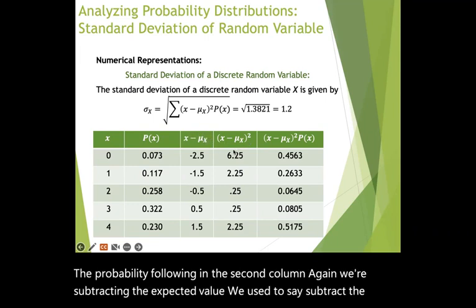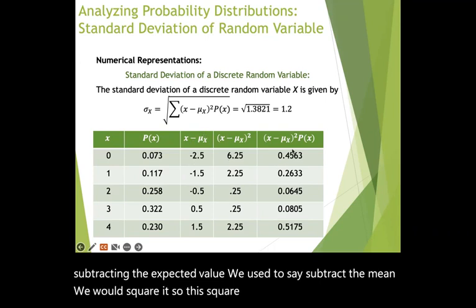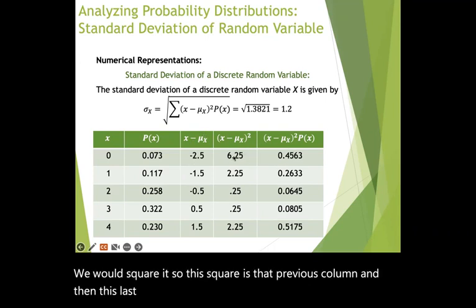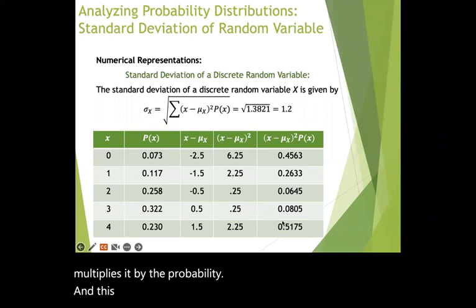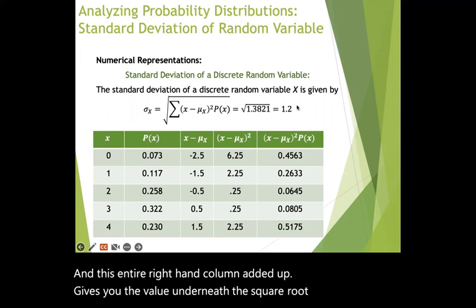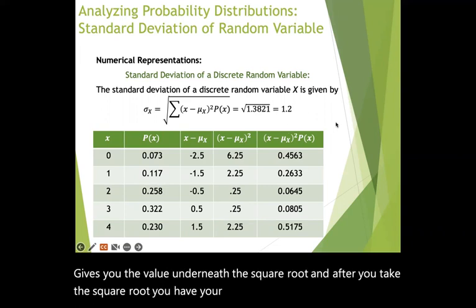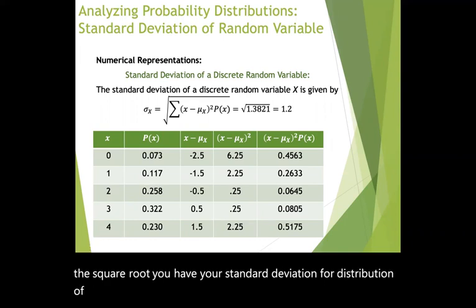We would square it. So this squares that previous column. And then this last column takes the previous column of 6.25 and multiplies it by the probability. And this entire right-hand column added up gives you the value underneath the square root. And after you take the square root, you have your standard deviation for the distribution of the random variable.